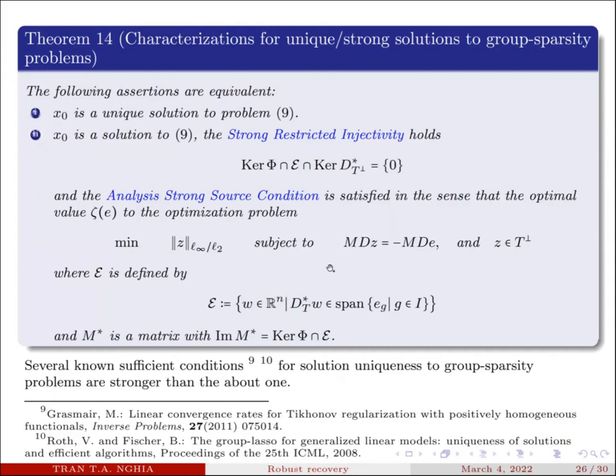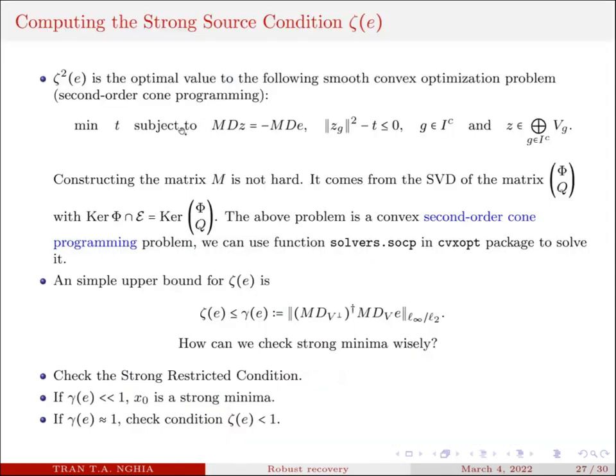So roughly speaking, the difference between sub-minima and strong minima is an extra set.